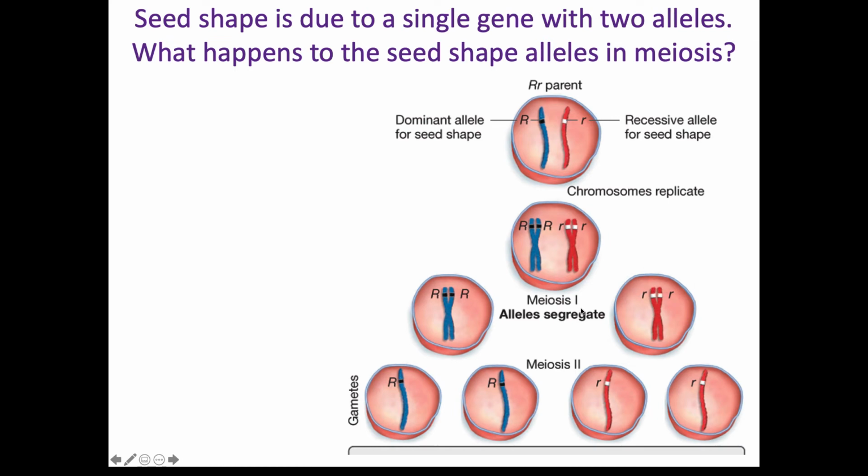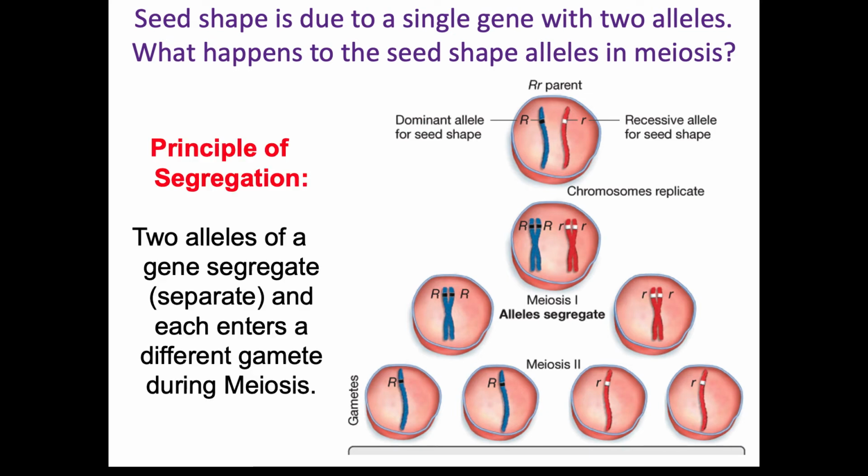In the second meiotic division, the sister chromatids would be separated and we'd end up with four daughter cells, half of which contained the round allele and half of which contained the wrinkled allele. And what I've just described is essentially Mendel's principle of segregation, where the two alleles of the gene are going to segregate with each entering a different gamete, and it happens during meiosis.